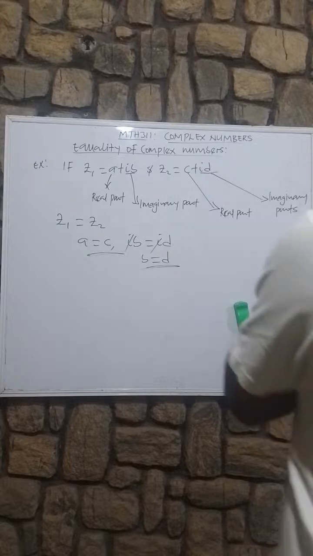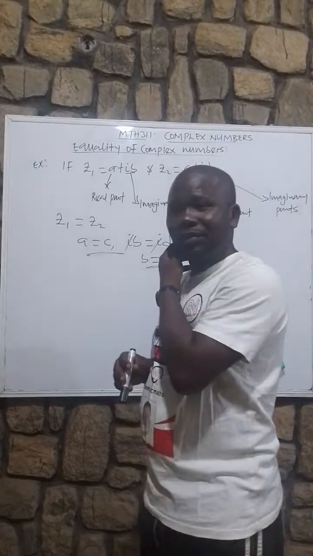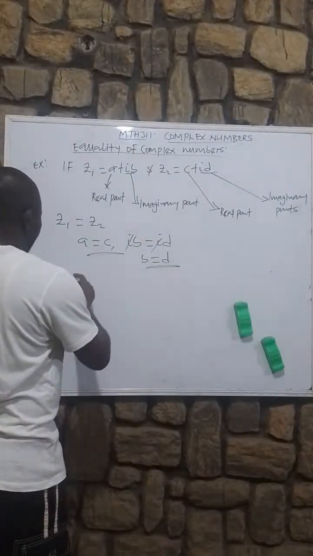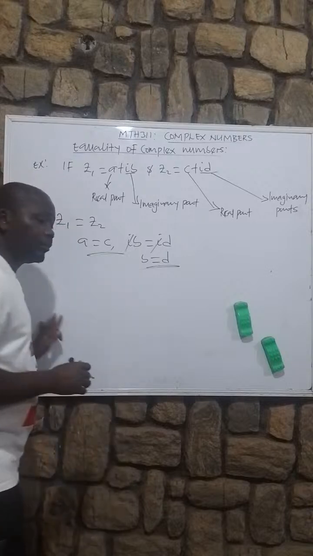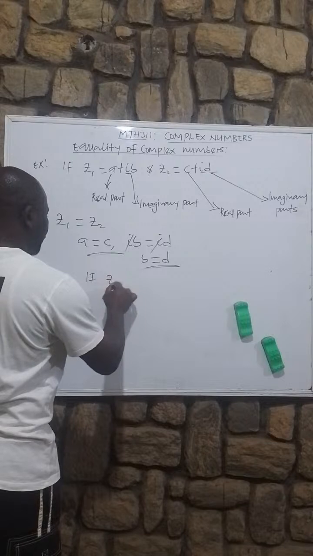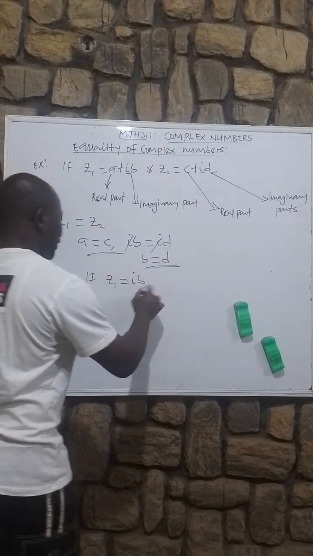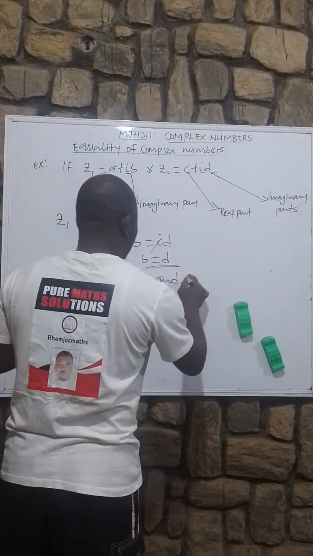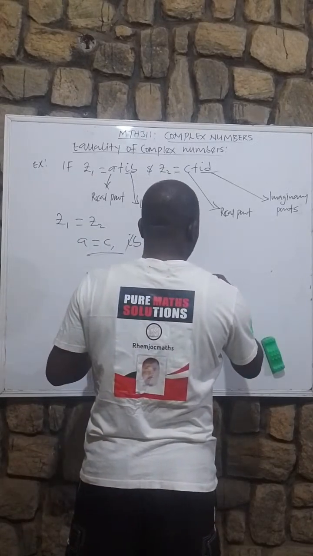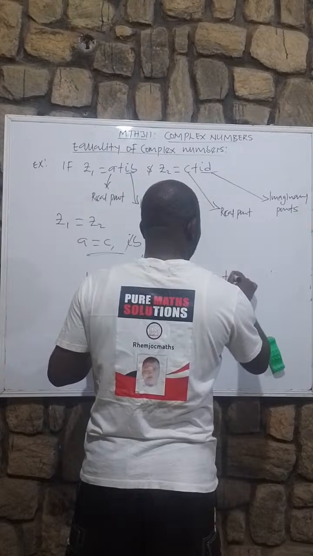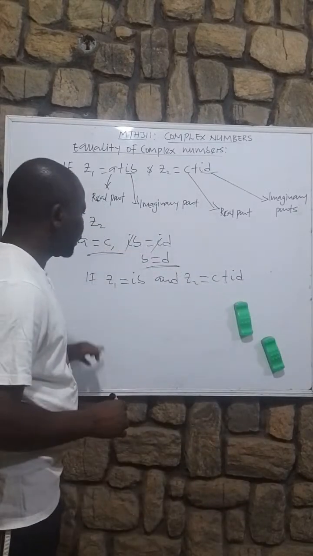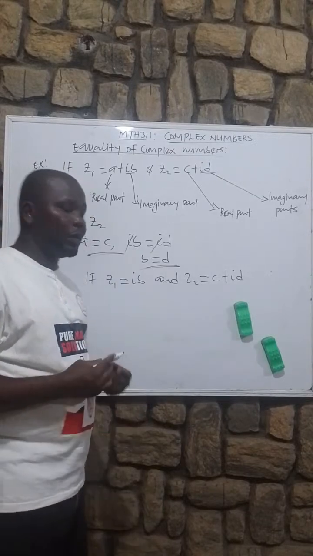If I may ask, please write your answer in the comment section. If we have Z1 equals IB and Z2 equals C plus ID, are they equal complex numbers?